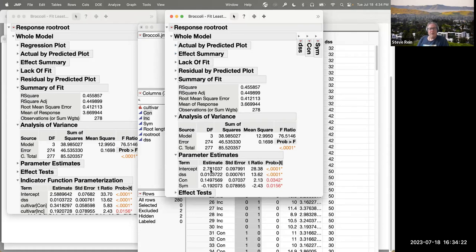The intercept is now different. The slope of DSS is the same. The effect of con and the effect of sim are different than before. But interestingly, this one, which said ink is 0.19 higher than sim, we're now saying sim is 0.19 lower than ink. We're comparing to the ink group.